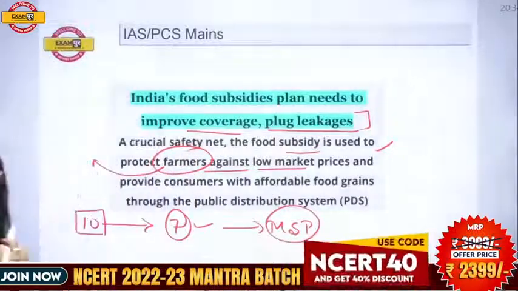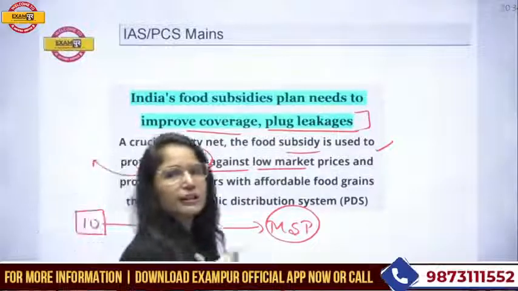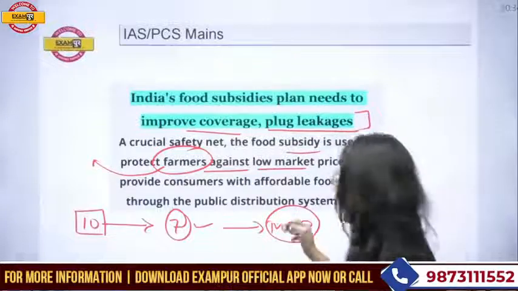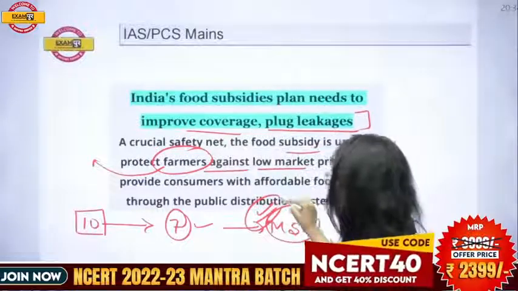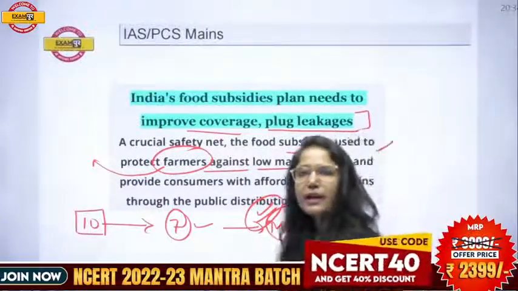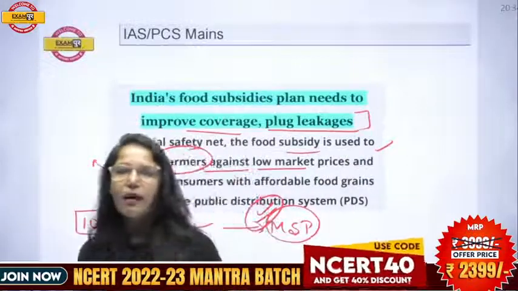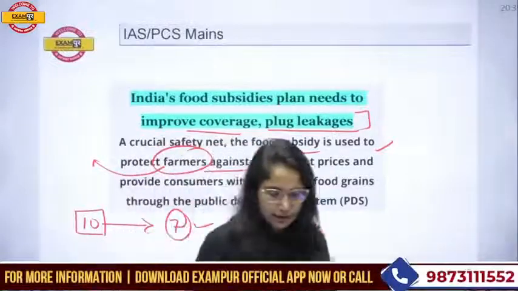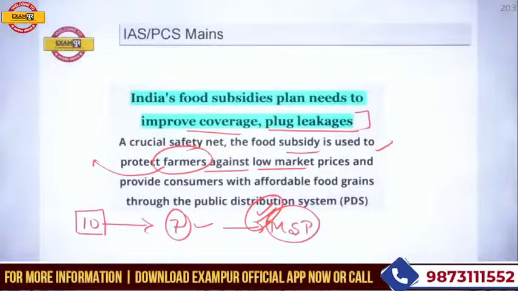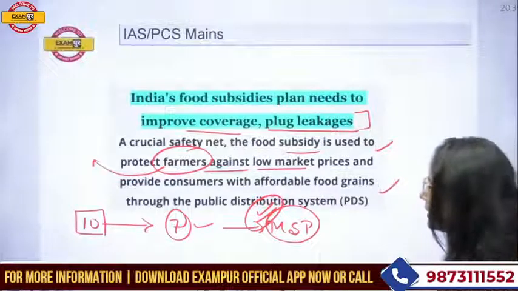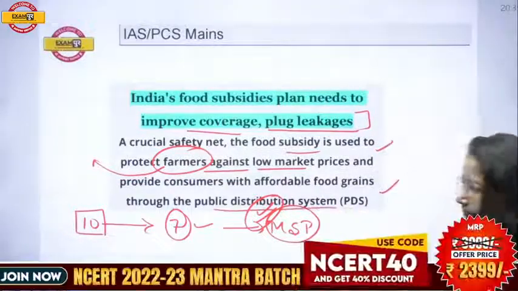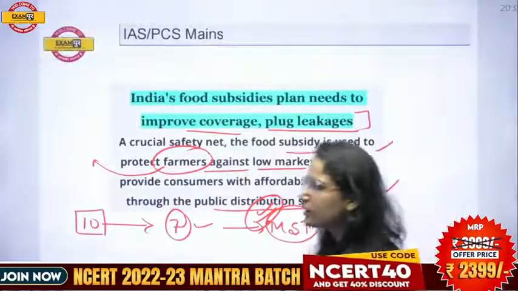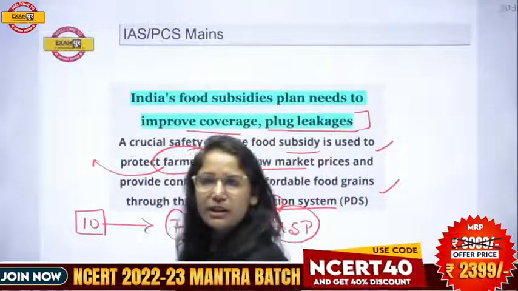They are giving the farmers a kind of assurance that you are not required to worry much, we are going to provide you a helping hand in the name of minimum support price, so that you could feel secure, and out of that security you would not stop producing food grains. That is our main perspective, with affordable food grains through the public distribution system. Affordable, so that it becomes affordable for the farmers to make production.